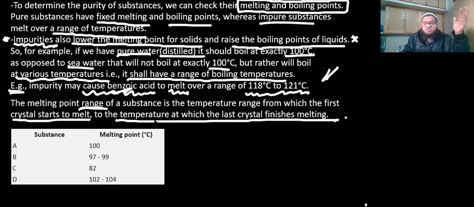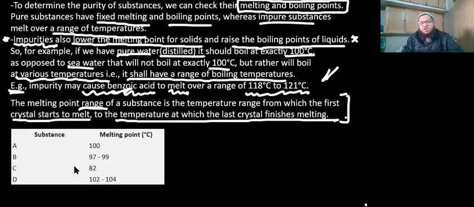And this line is not mentioned in your book as well, so please be very careful about it and note it down somewhere. This line over here: what is the range of melting point? Range is the temperature from which the first crystal starts melting till the temperature at which the last crystal finishes melting. So that's the range of temperatures over which a substance melts.